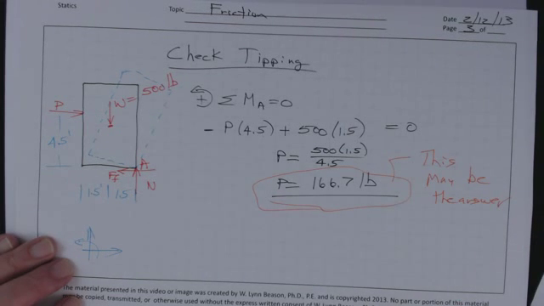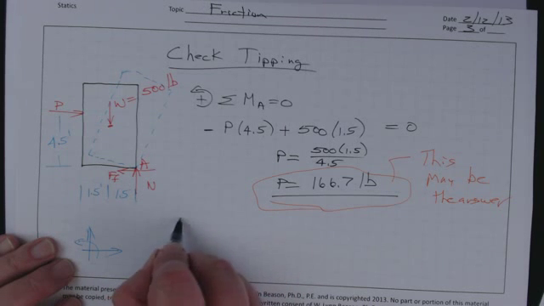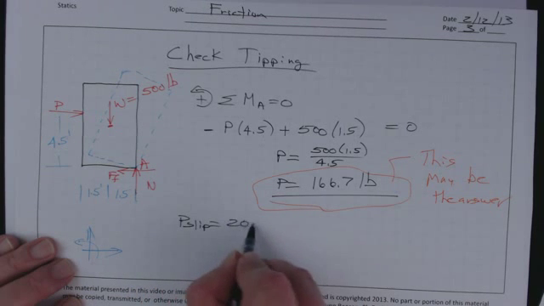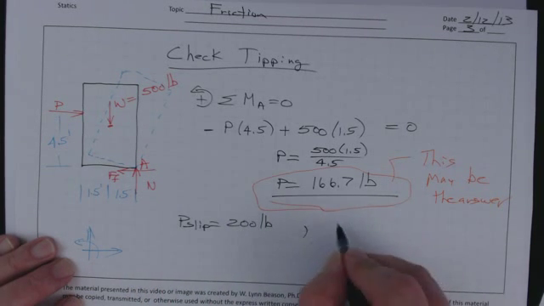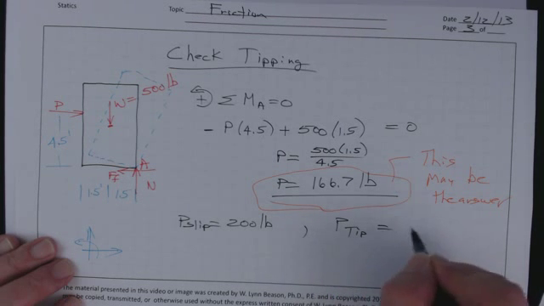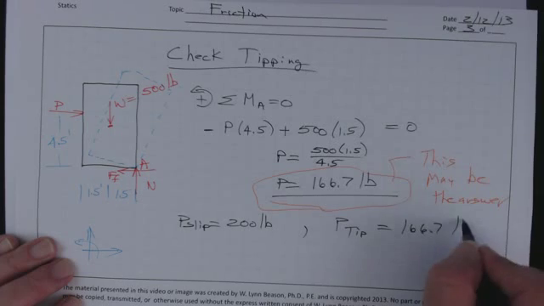And so all you have to do is you look at it and you say, P slippage is 200 pounds, and P tipping is 166.7 pounds.